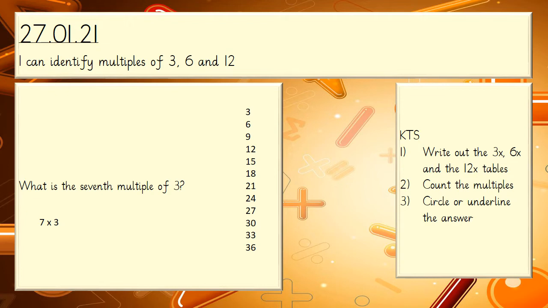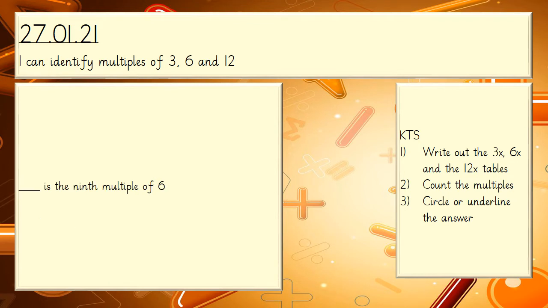So I'm going to count down my multiples until I get to the 7th number in the 3 times table. That would be 21. So the 7th multiple of 3 is 21, because 7 times 3 is 21.